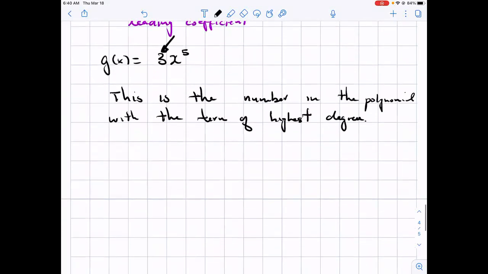And what do I mean by that? For example, let's choose a different one, h of x is equal to 3x squared minus 6x cubed plus 7x to the fifth.